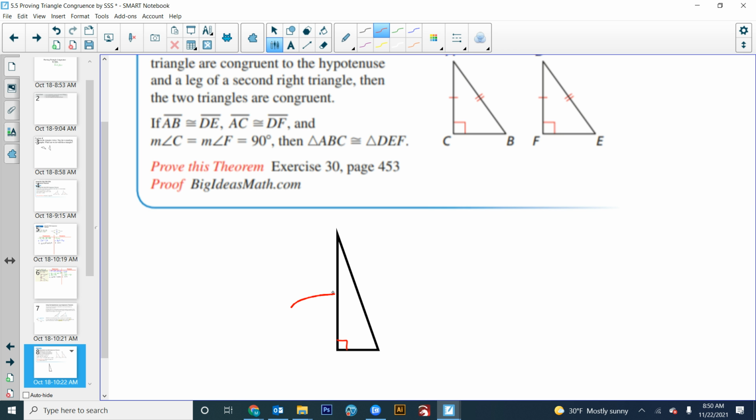These are called legs. The legs meet at the right angle. If you don't know it, I would write it down. Those are called legs in a right triangle.